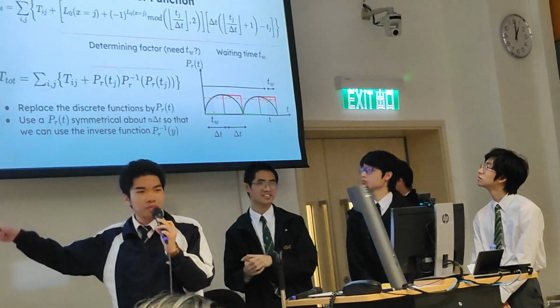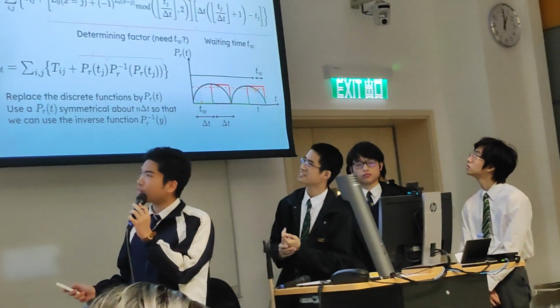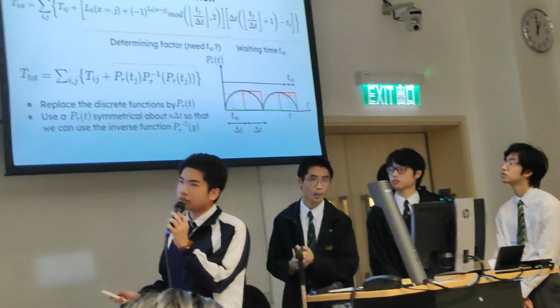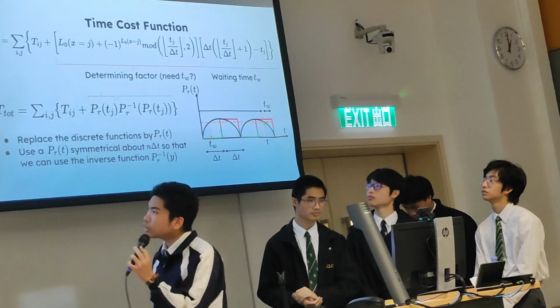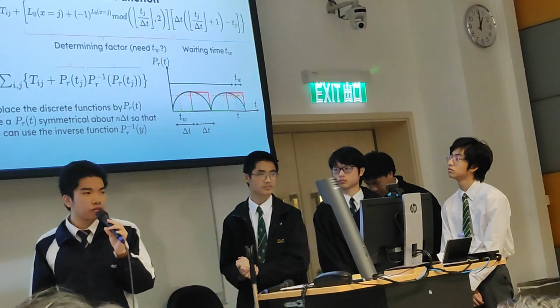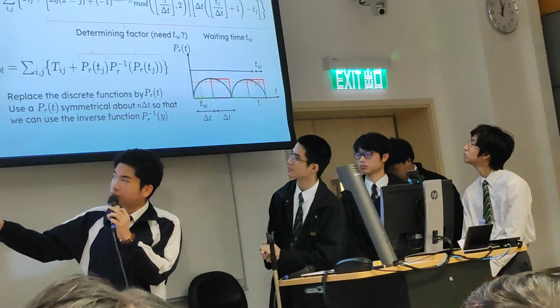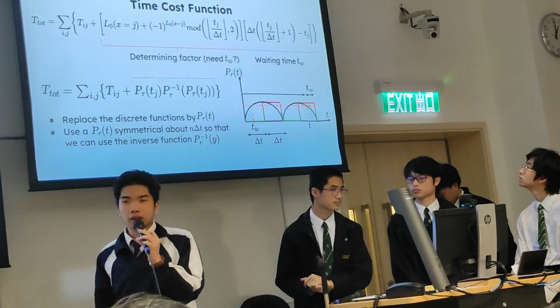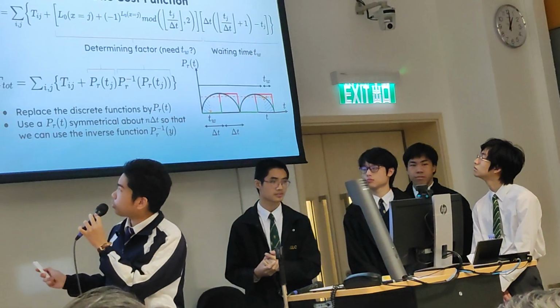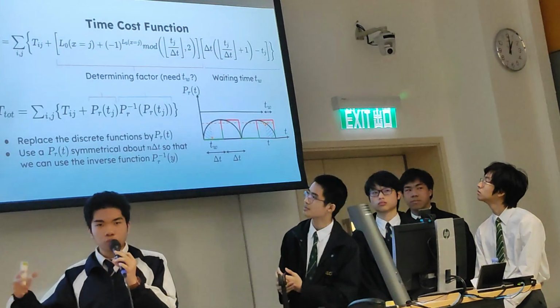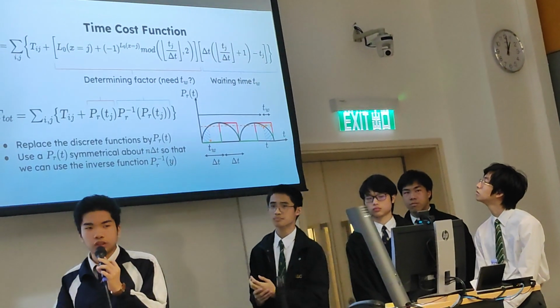After some calculation and manipulation, we have arrived at this time cost function of one route in one configuration. It is basically a summation of the road crossing time, which is this capital T, and the waiting time, which is this part, because we need to wait for the red light to change to green.